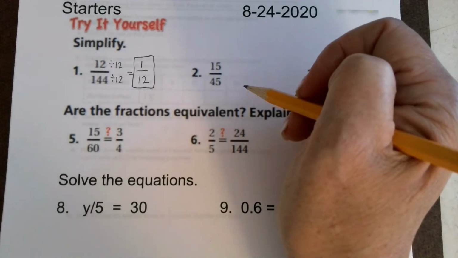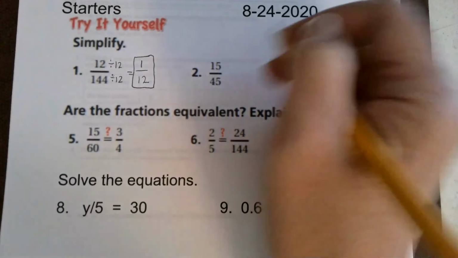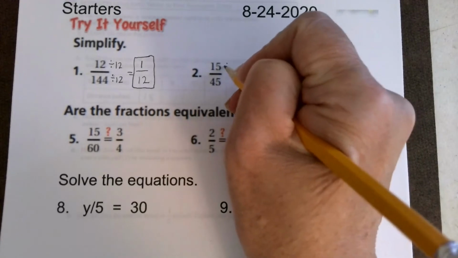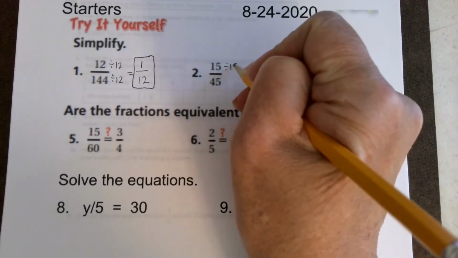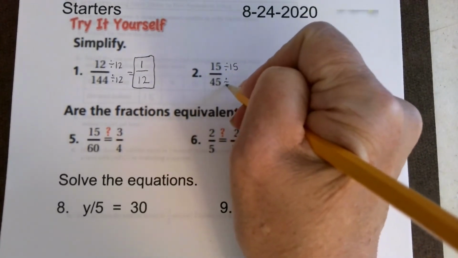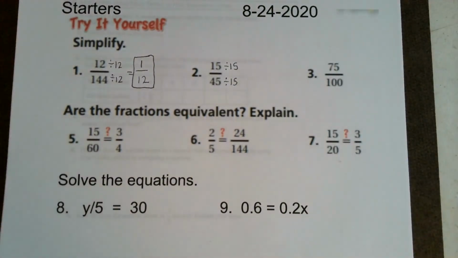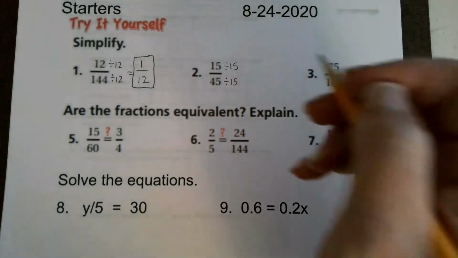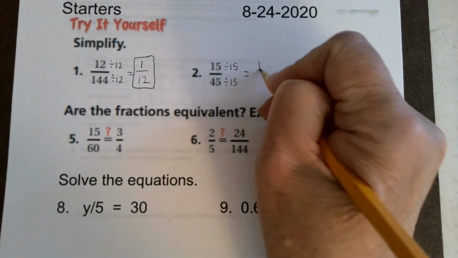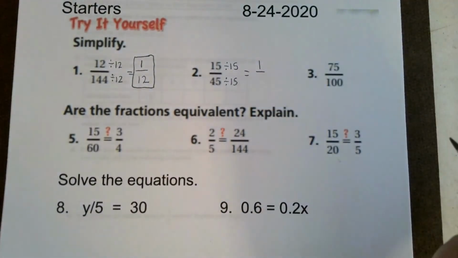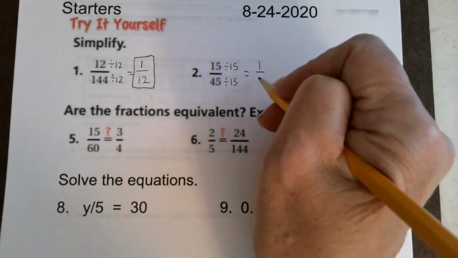15 and 45, the greatest common factor for 15 and 45 is 15. So we can divide both the top and the bottom, the numerator and the denominator, by 15. 15 divided by 15 is equal to 1. And 45 divided by 15 is equal to 3.